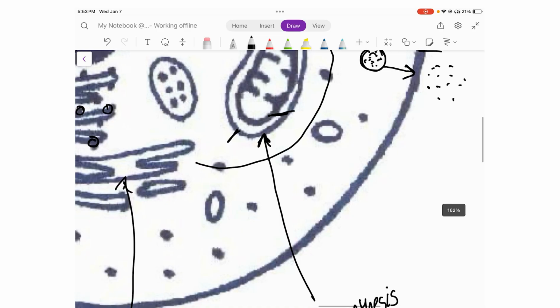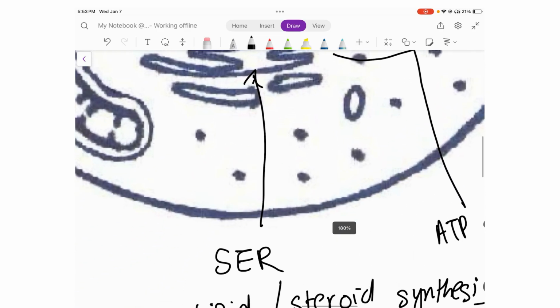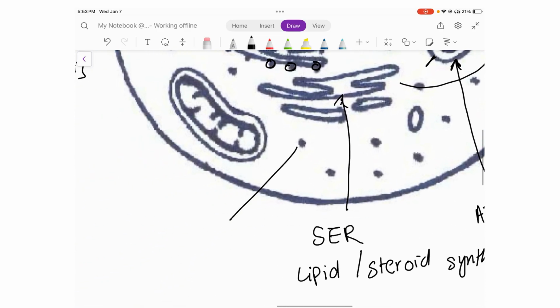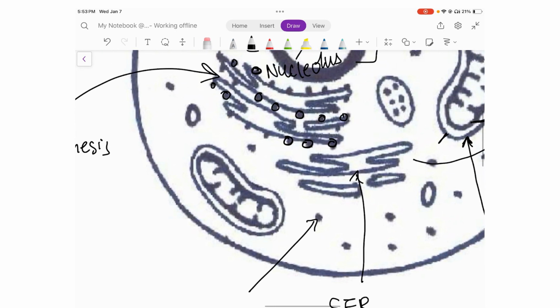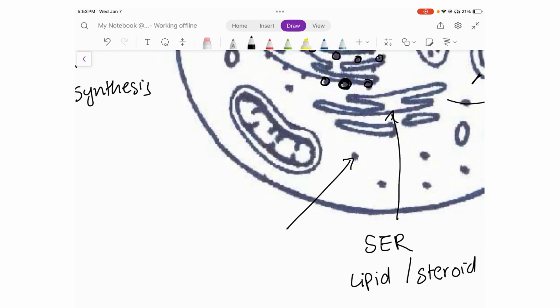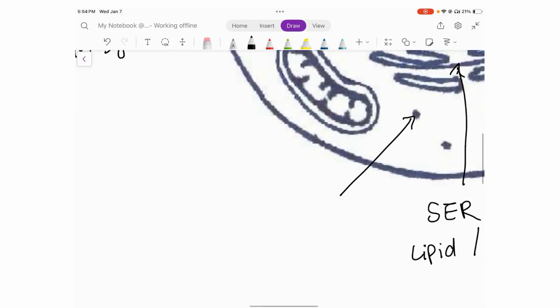Here we have ribosomes, these little dots that we have, which are also found on the rough endoplasmic reticulum. We have them in the cytoplasm as well. So ribosomes are involved in protein synthesis, and there are two types of ribosomes. We have 80S and 70S ribosomes.